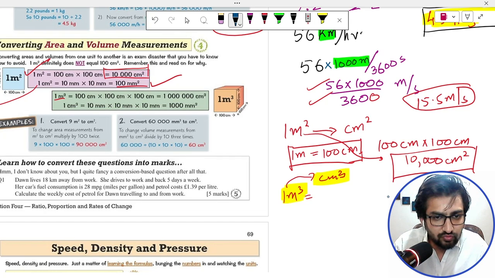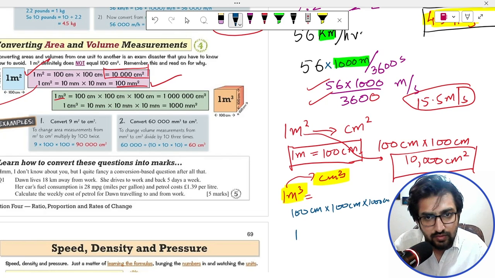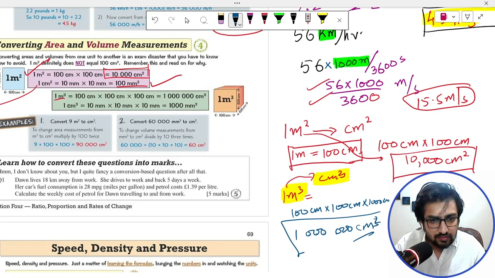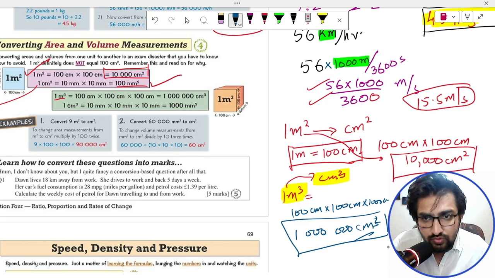So 100 centimeter times 100 centimeter times 100 centimeter, which is 1 million centimeter cube. That's a big value, right? So this is how you convert volume from meters to centimeters.